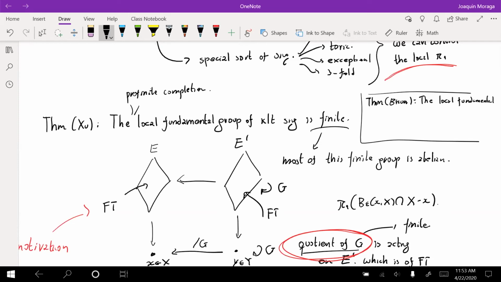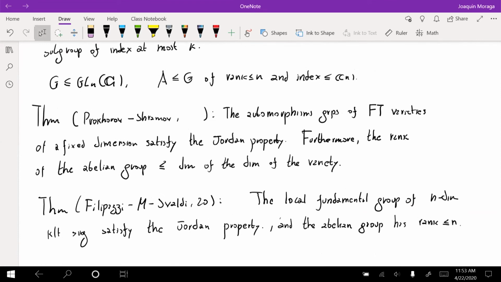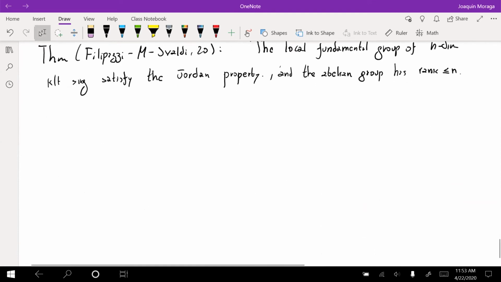The local fundamental group of a klt singularity is finite. So actually now we have two versions of the theorem. We have the one for the local fundamental group and, of course, the profinite completion. If you know the local fundamental group is finite, then the profinite completion is finite. Okay, so let me draw you a sketch of the proof of this one.